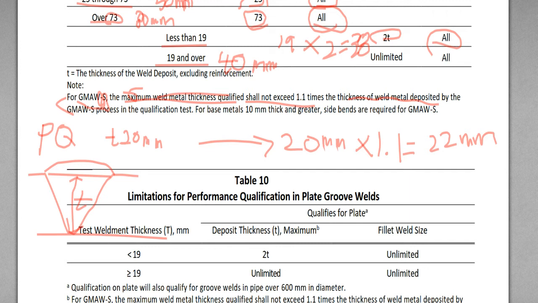I'm going to use the calculator to check if the calculation is right. Twenty times 1.1 is 22. 22 is right.